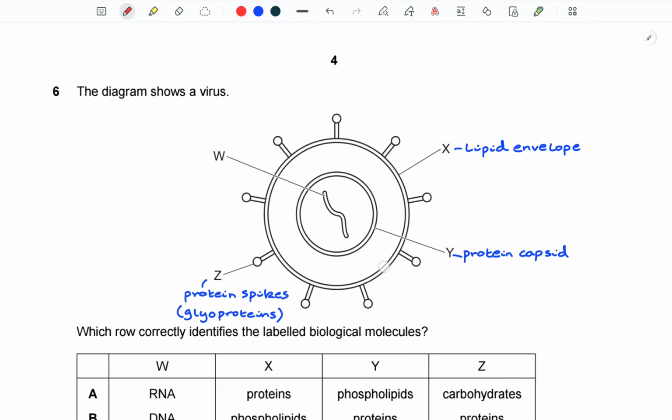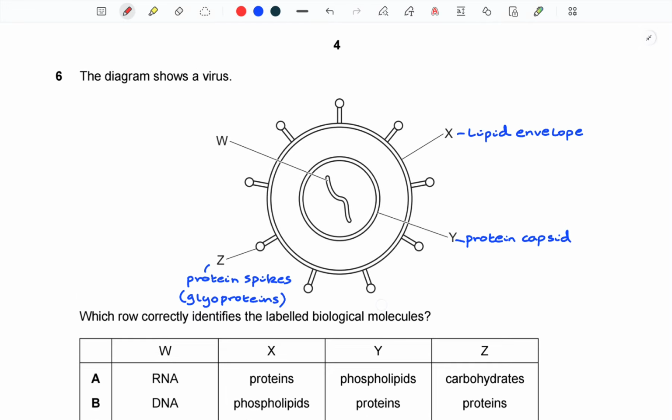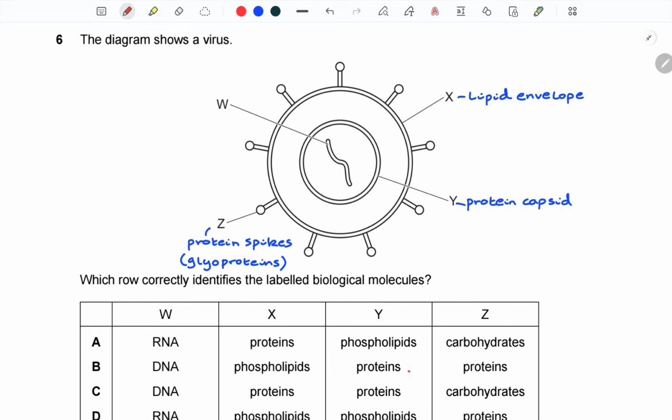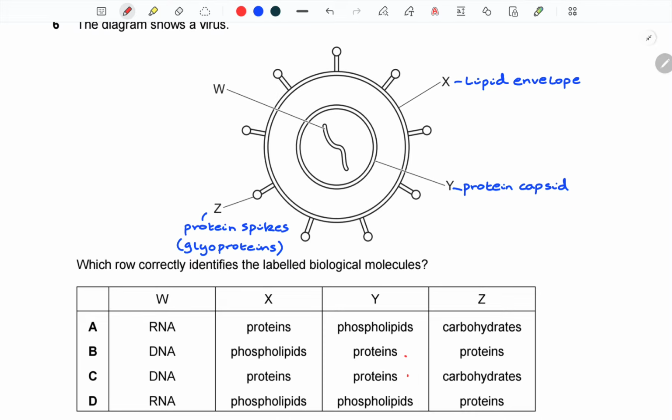The diagram is showing a virus. Of course we know that this is the DNA or the RNA, which is surrounded by a protein capsid layer, made up of capsomeres, the monomers which make up the capsid, and this is made up of protein. So Y should be our protein, and W could be either DNA or RNA. We'll look into it. X, surrounding the protein capsid, is always a lipid envelope.